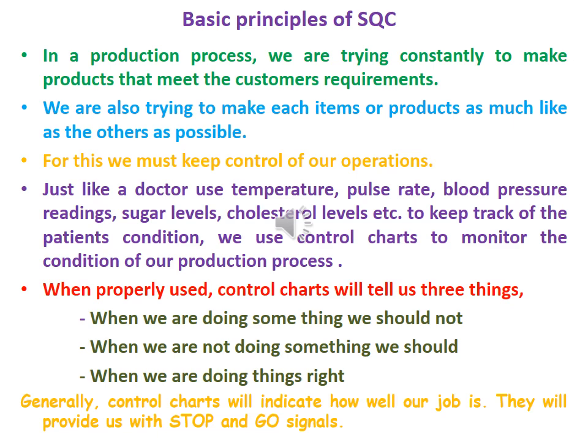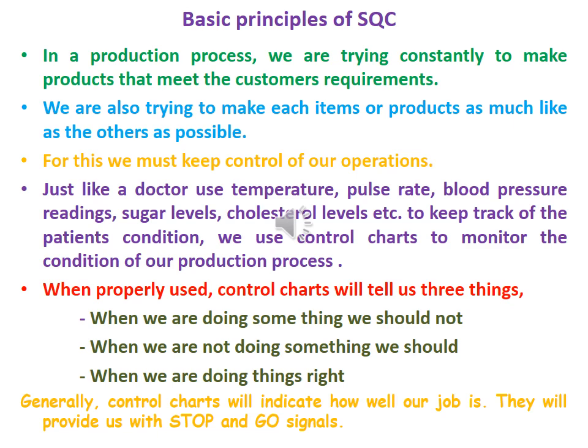For this, we must keep control of our operations. Just like a doctor uses temperature, pulse rate, blood pressure, sugar level, cholesterol level, etc., to keep track of the patient's condition, we use control charts to monitor the conditions of our production process.